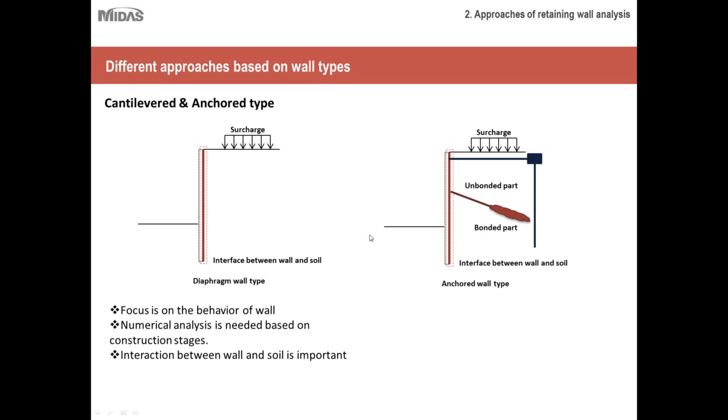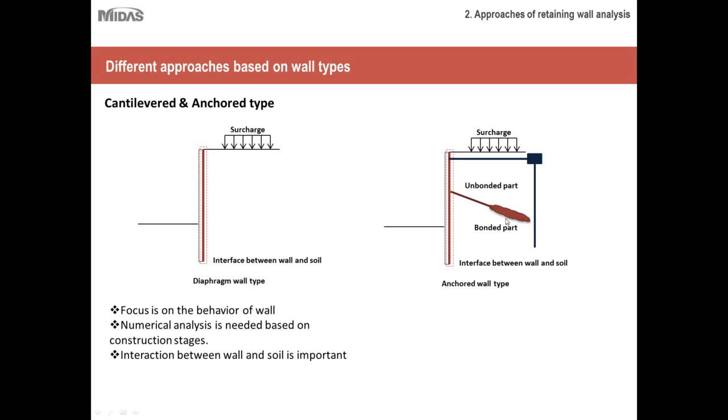When you're designing the anchor type of wall, it is largely the anchor bolts that take the bulk of the force and stabilize the structure. If the cantilever wall is not sufficient, maybe because of section limitations, size limitations, or depth limitations, and the wall alone is insufficient to sustain the loading, then we have to go with some kind of back-end support, like a tie back or an anchor bolt.